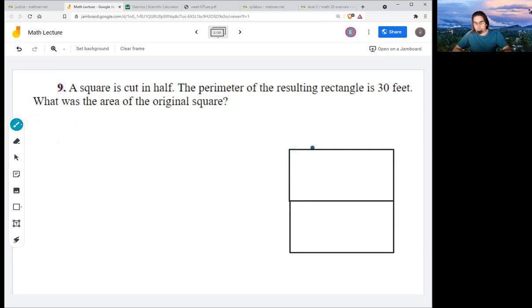So if we go all the way around here, and that's a perimeter of 30. And then we're asked to find the area of the original square, both parts.